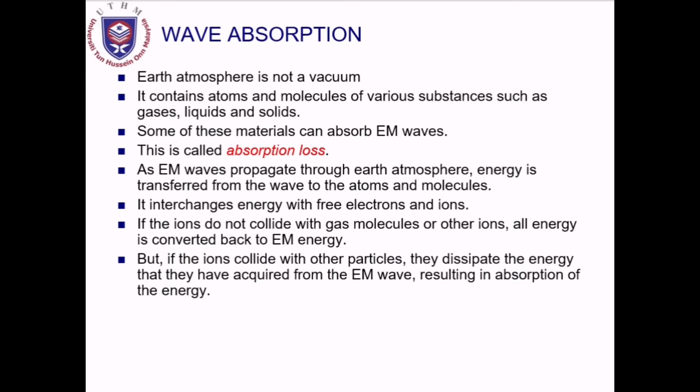As an EM wave propagates through the Earth's atmosphere, energy is transferred from the wave to the atoms and molecules. It interchanges energy with free electrons and ions. If the ions do not collide with gas molecules or other ions, all the energy is converted back to EM wave. But if the ions collide with other particles, they dissipate the energy that they have acquired from the EM wave, resulting in absorption of the energy.